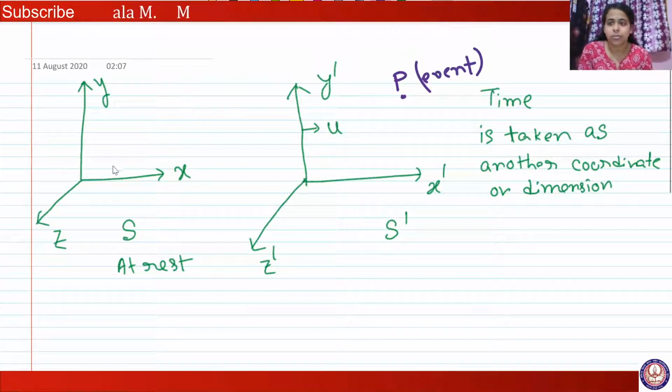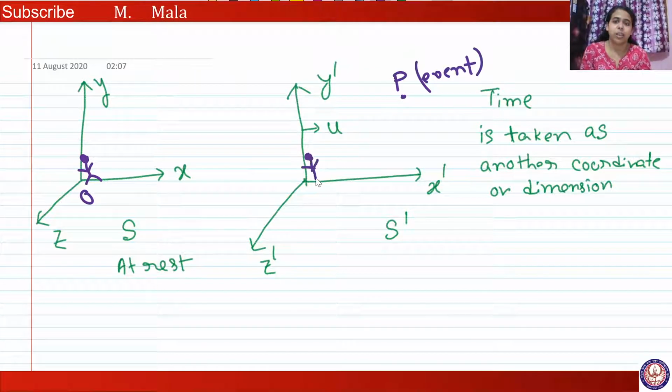So the position of the point where the event is occurring, we have to know that position with respect to frame S. That means the observer is sitting at the origin of the frame S, and with respect to frame S prime, that means the observer is sitting at the origin O prime.